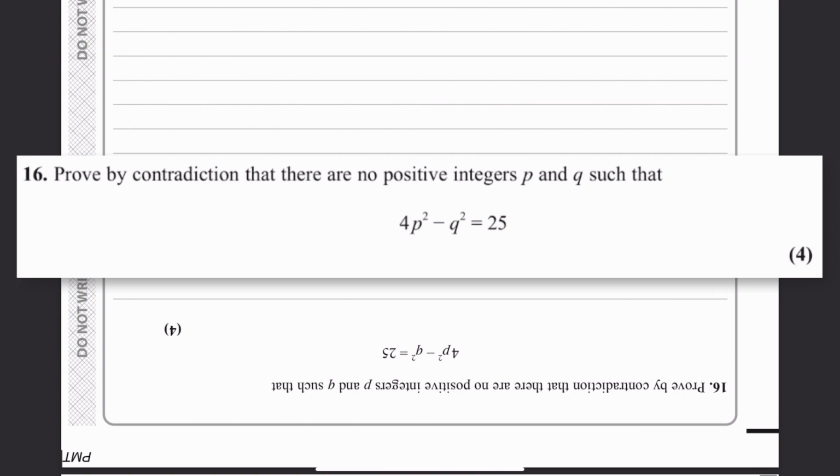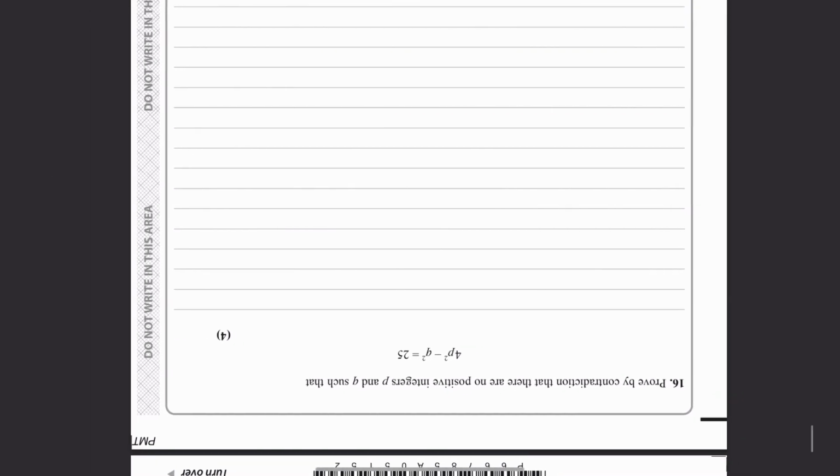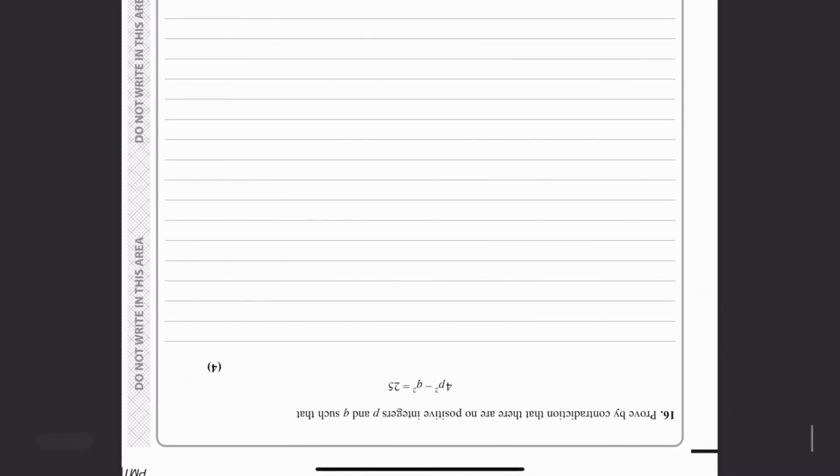Prove by contradiction that there are no positive integers p and q such that 4p squared minus q squared is equal to 25.